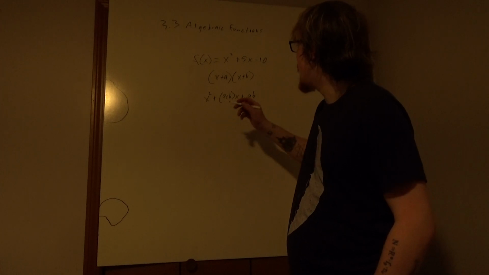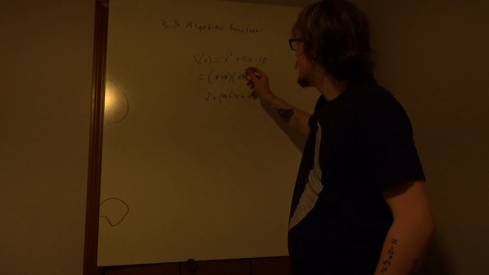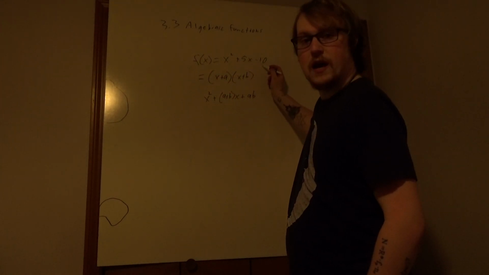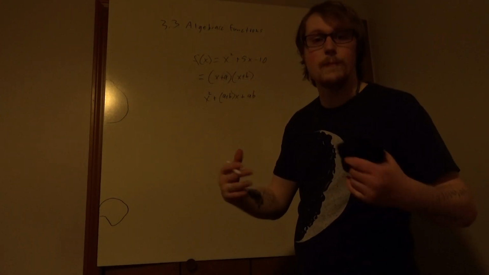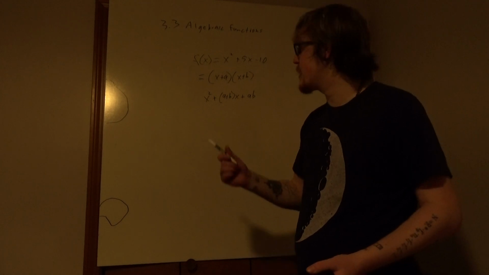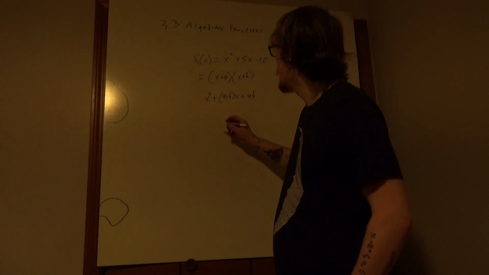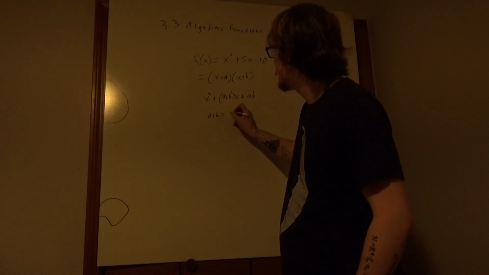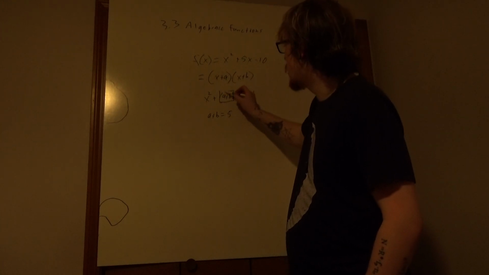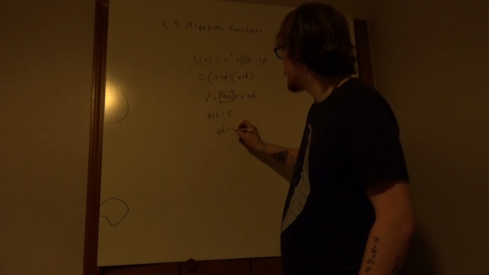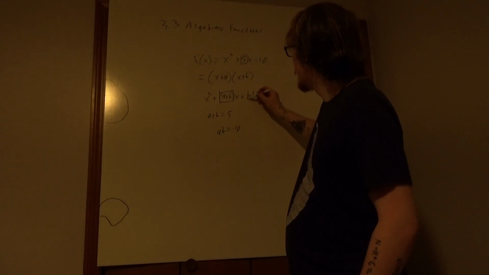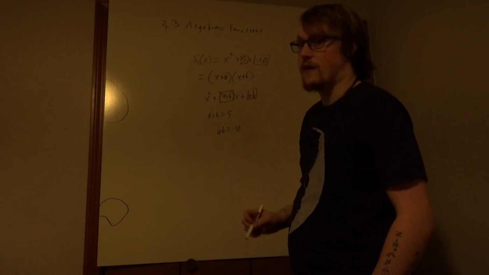If I want to say that x squared plus 5x minus 10 is the same as x plus a times x plus b for some numbers a and b, then they have to satisfy this relationship. So a plus b has to equal 5 because this coefficient is this coefficient, and ab has to equal negative 10 because this value is that value.